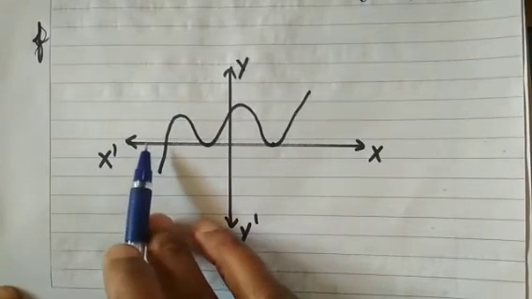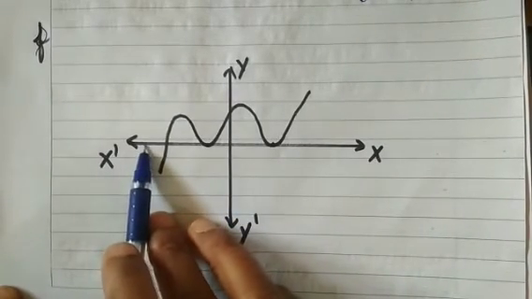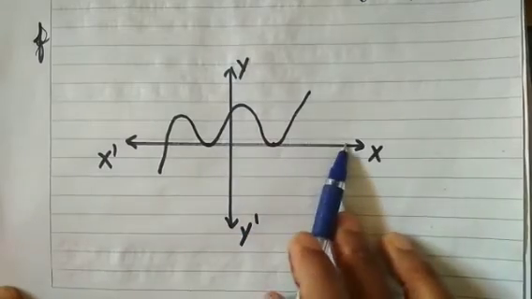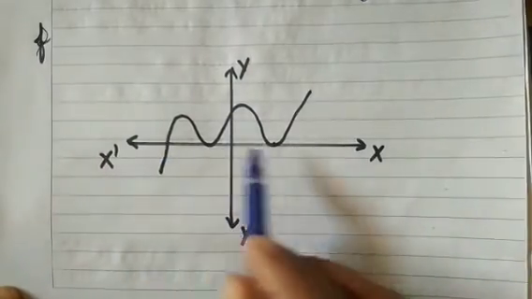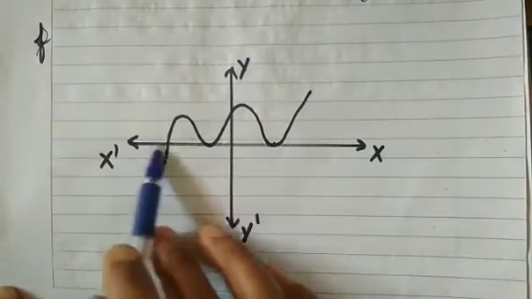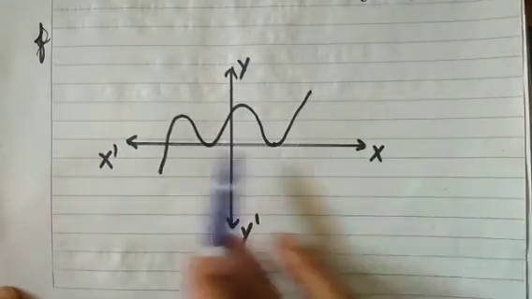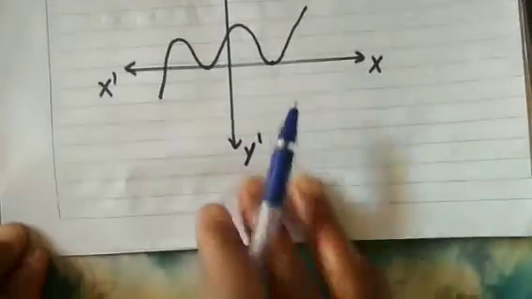The sixth graph, the number of zeros is 3: 1, 2, 3, as the graph intersects the x-axis at only 3 points.